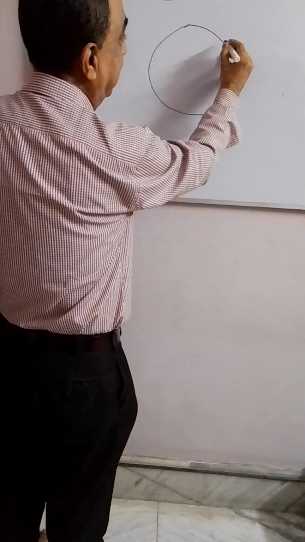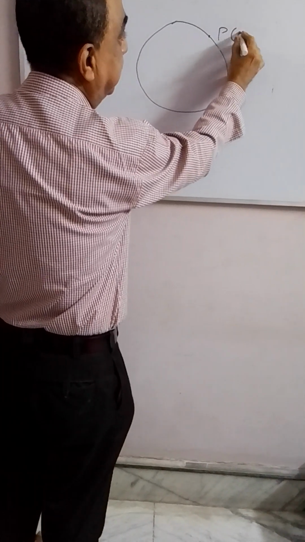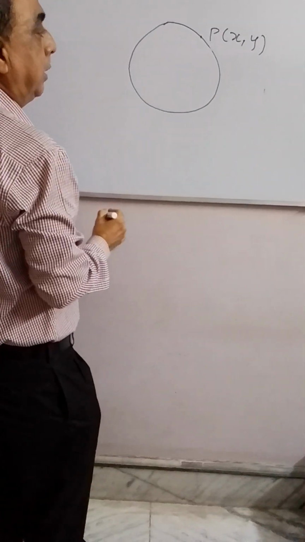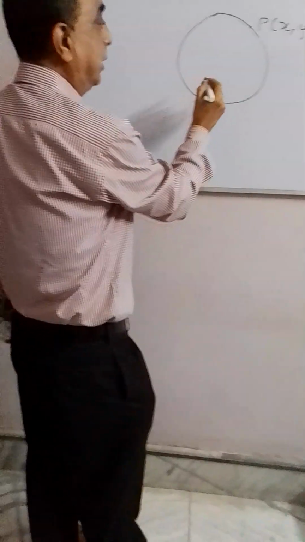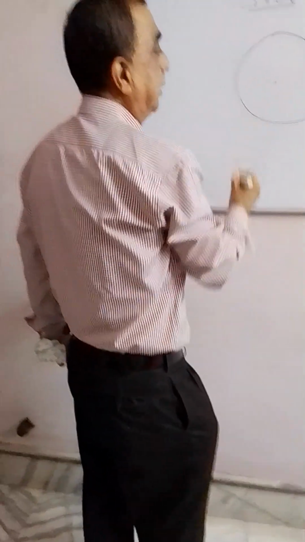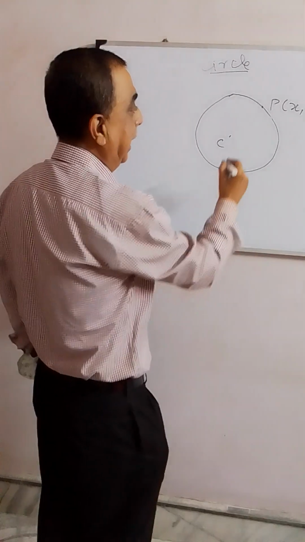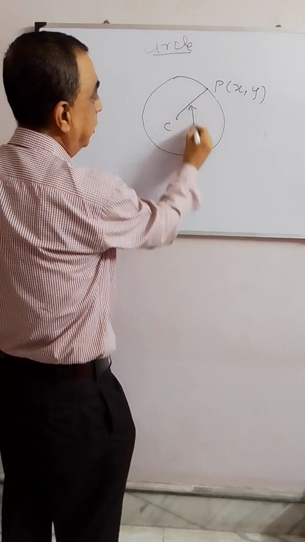That is, it is a relation between the coordinates of the moving point on the circumference involving some constants which depend on the location of the center of the circle and also on the radius of the circle.